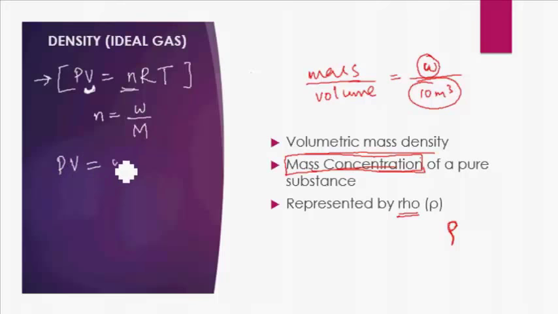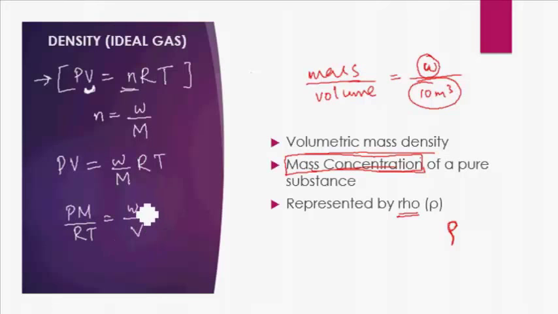PV is equal to W by M multiplied with R and T. Rearranging everything, we get PM divided by RT is equal to W by V.